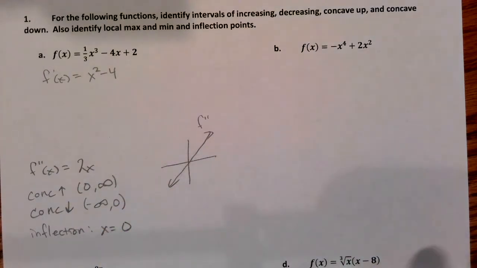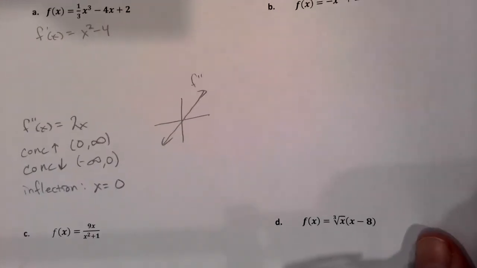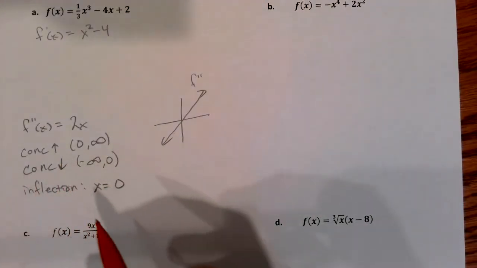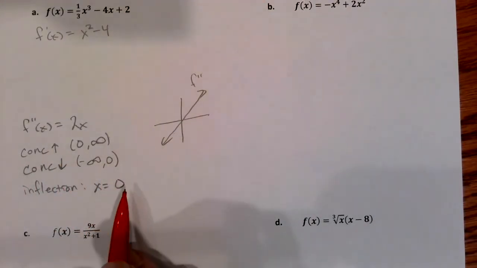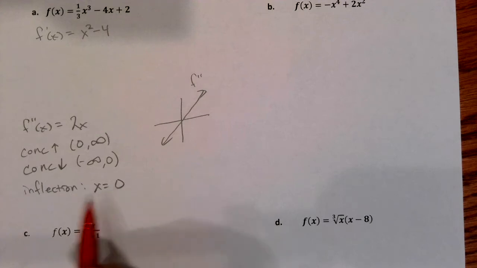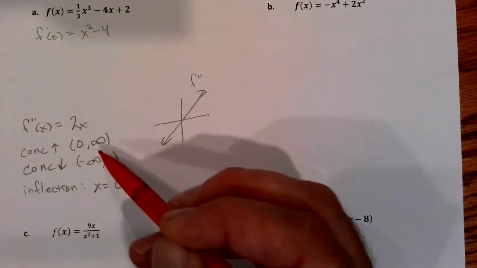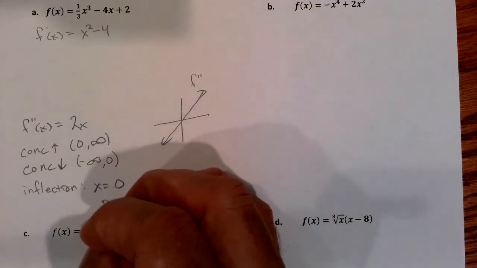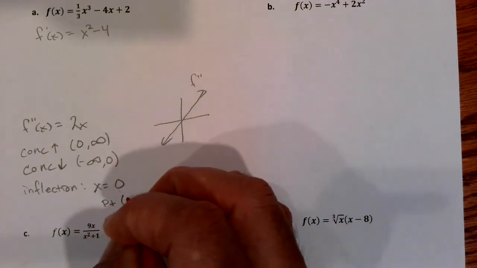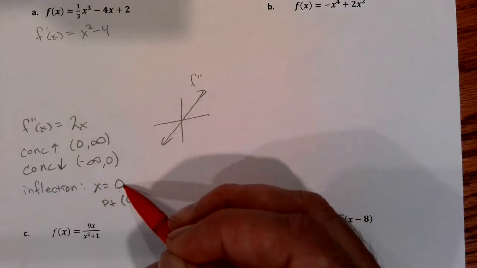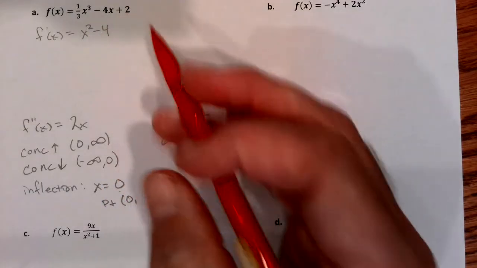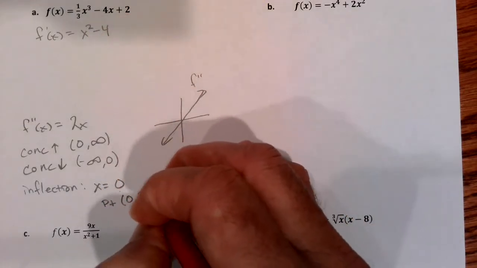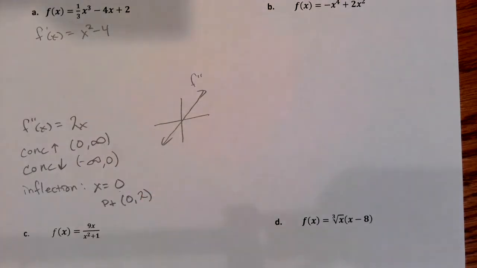Now, I have one example on your worksheet as you continue to fill out these second derivative pieces where we actually start to map these points. These are intervals. This is a coordinate. An inflection point has a point, and the point is 0 for x, and we plug it into the original to get 2. So we know it goes through the coordinate (0, 2).